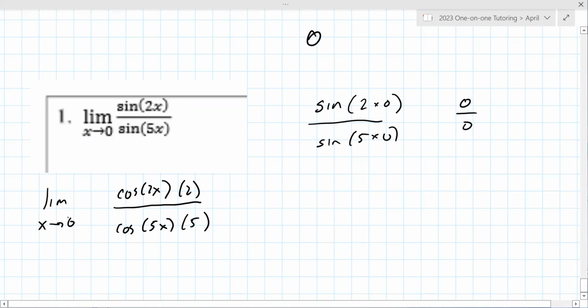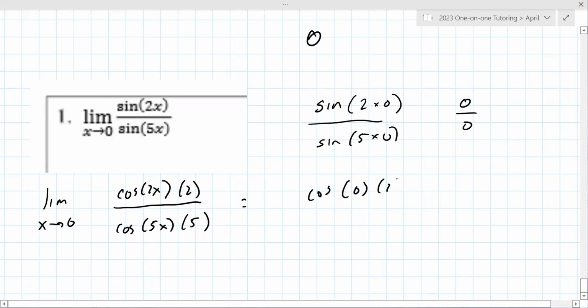You'll probably see this on the multiple choice section, so you don't have to be that formal. This one now works because the cosine of 0 is 1. So you evaluate again here, and hopefully it works out better.